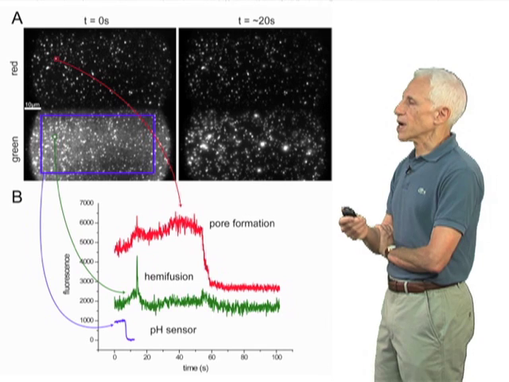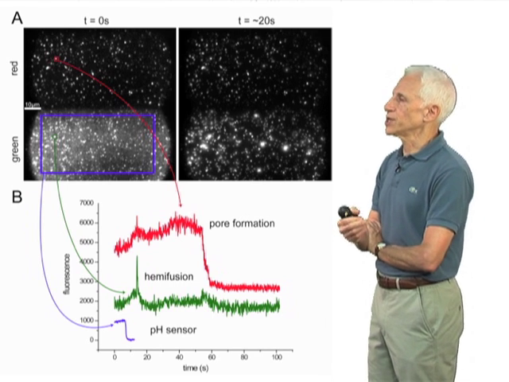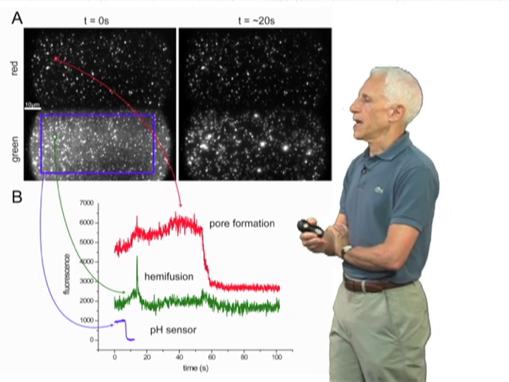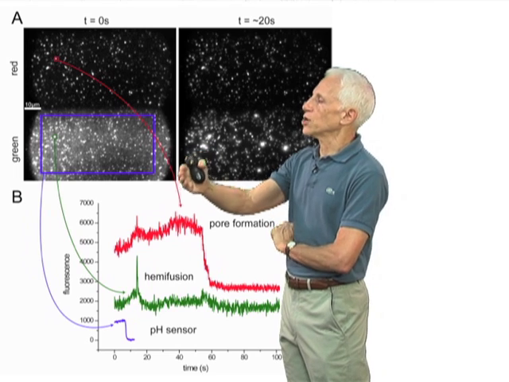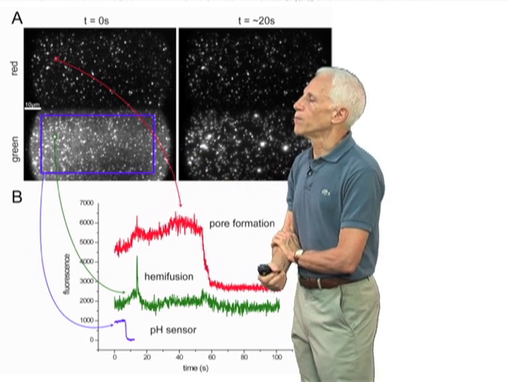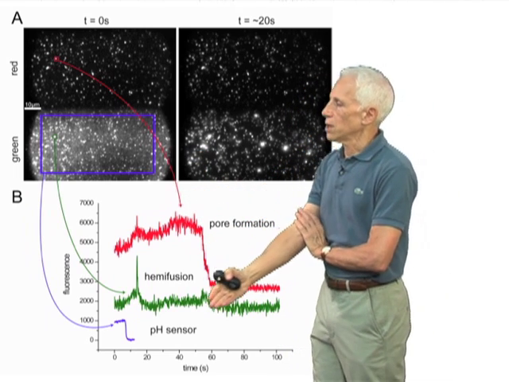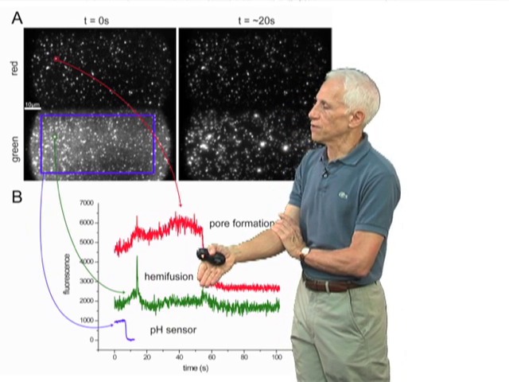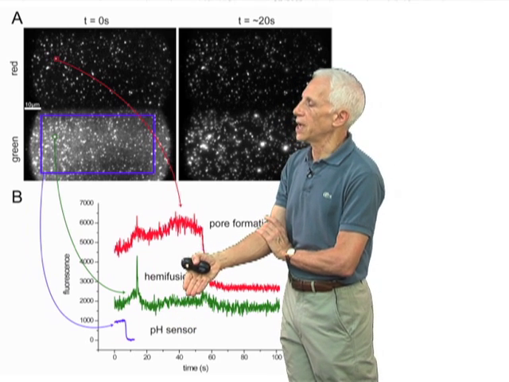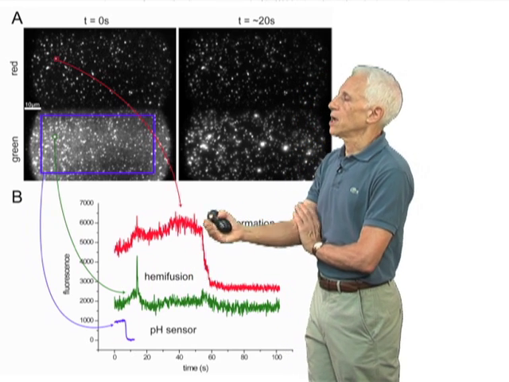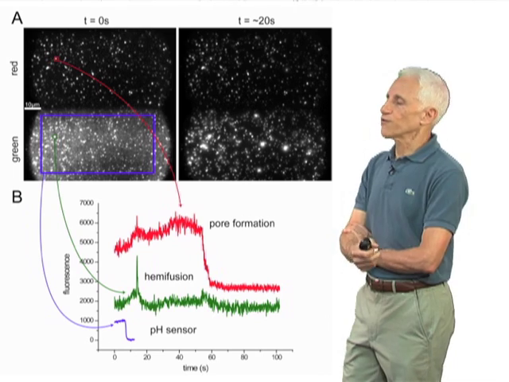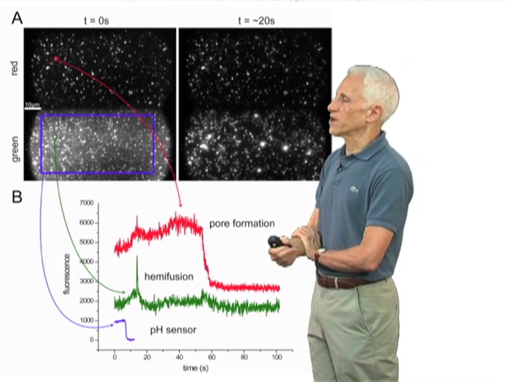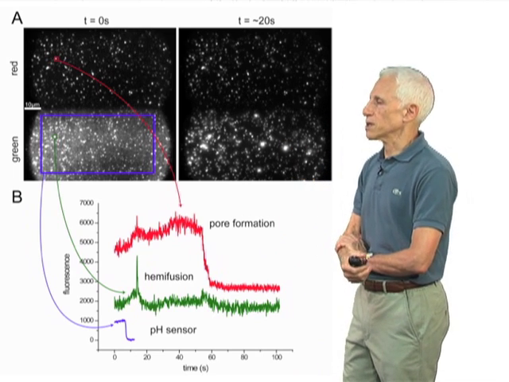And so here's the kind of measurement that is done. You'll see here the recording of the signal from the pH sensor, the signal from the green dye that's in the bilayer, the hydrophobic dye, and the signal from the red fluorophore that is inside the virus particle.